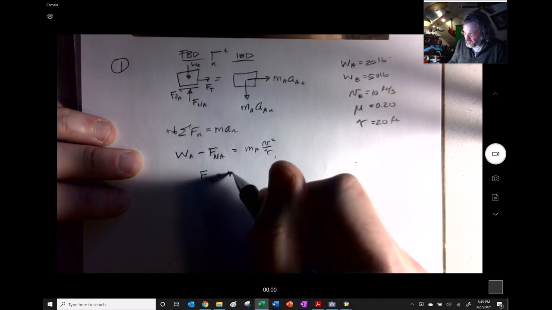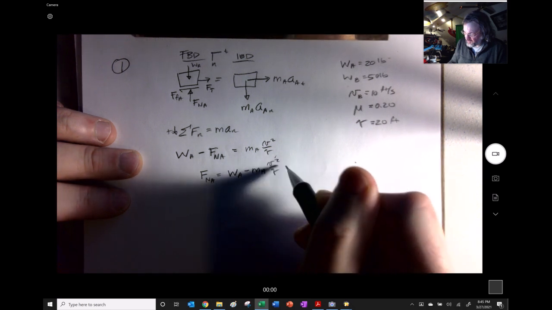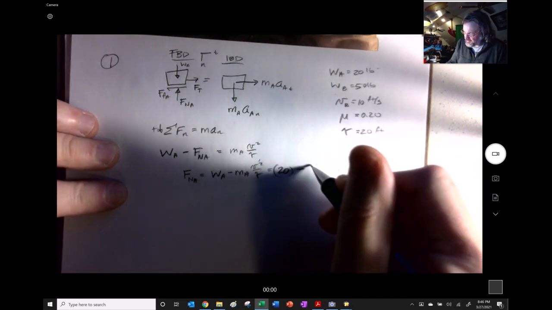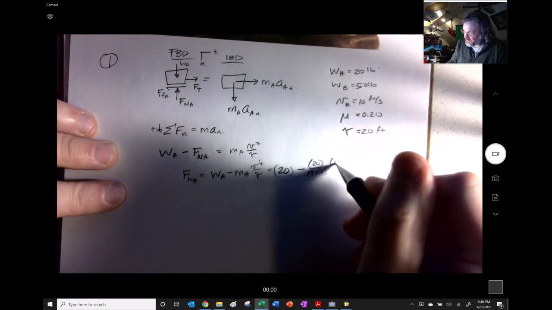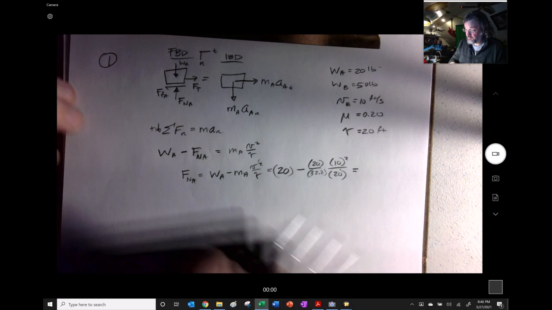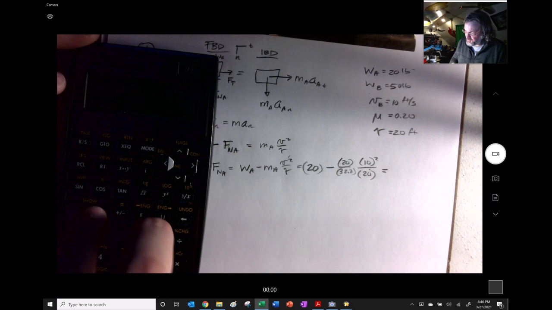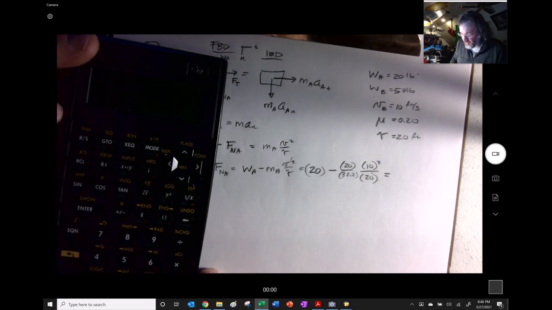So this would actually be WA minus MA times V squared over R. So for my values, I have 20 minus 20 over 32.2, times the velocity of 10 squared, divided by 20, and I get 3.106.